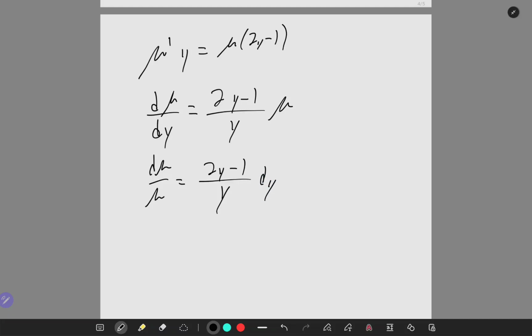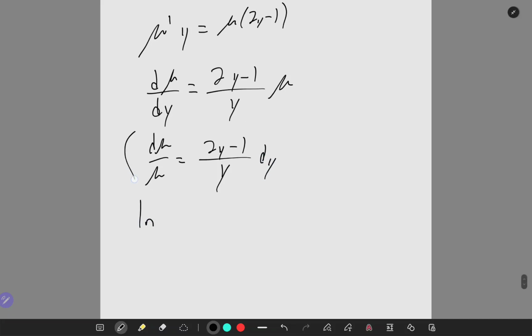So we take the integral of both sides, natural log of mu. Do we have to do u-sub? No, I don't think so. Let me rewrite this. This just becomes minus 1 over y. I'm getting a little tired here, you can tell.